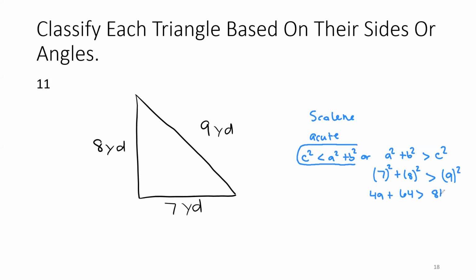Let's see if this is true. 49 plus 64 is 113, is greater than 81. So it is greater than c squared. So that means it is definitely an acute. So it's an acute scalene triangle.